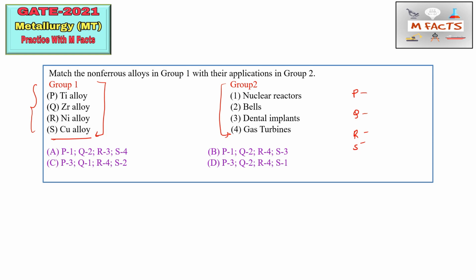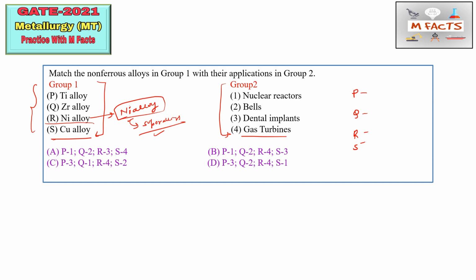Okay, so here gas turbine is there, and I already told you that nickel alloys, this nickel is basically the base for super alloys. Okay, and super alloys are used for gas turbines. Okay, where creep is predominant. Okay, so nickel alloys you can match by gas turbines.